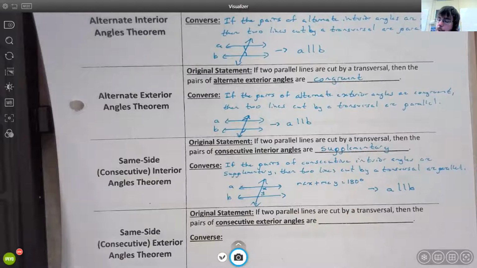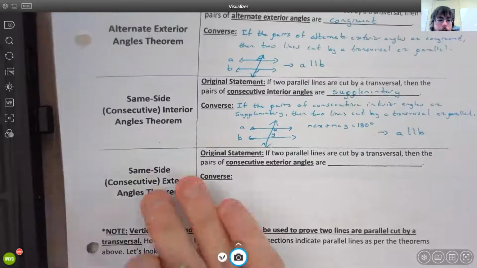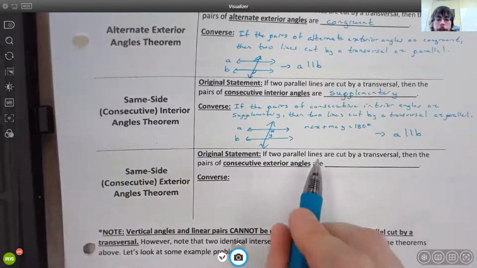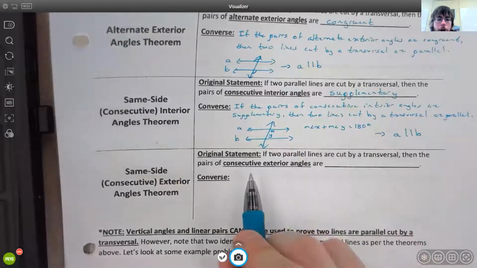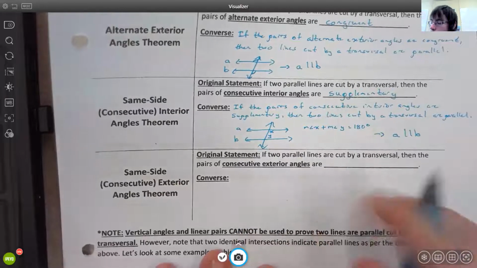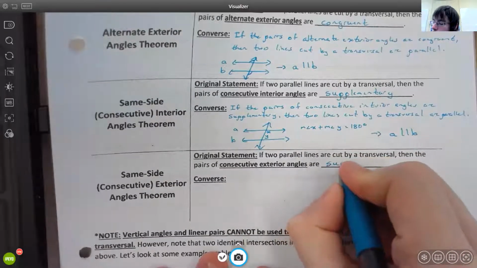And then finally, same side consecutive exterior angles theorem. If two parallel lines are cut by a transversal, then the pairs of consecutive exterior angles are supplementary.